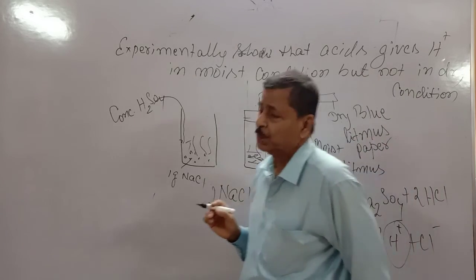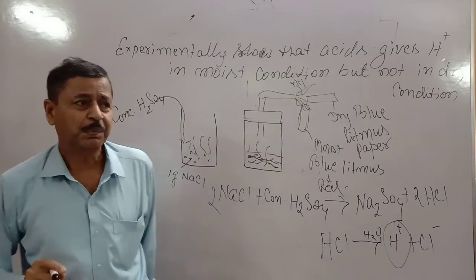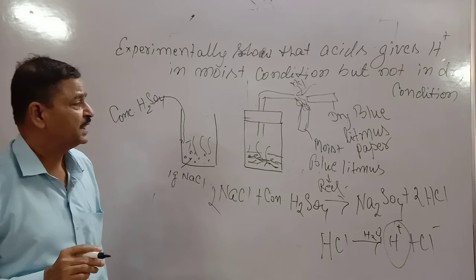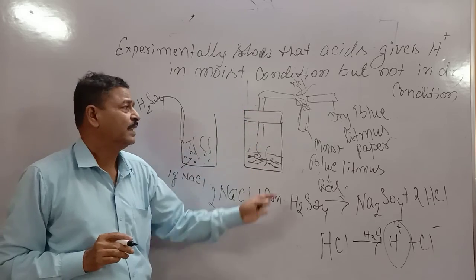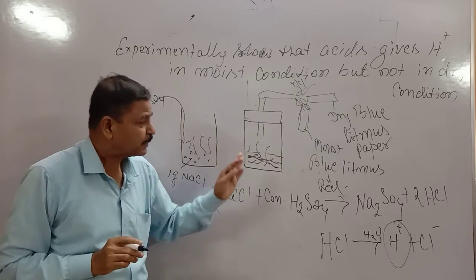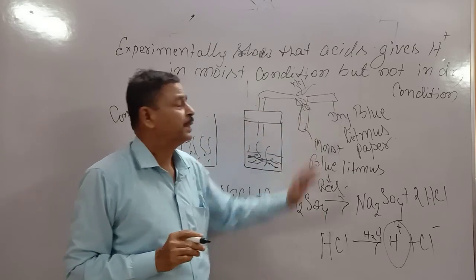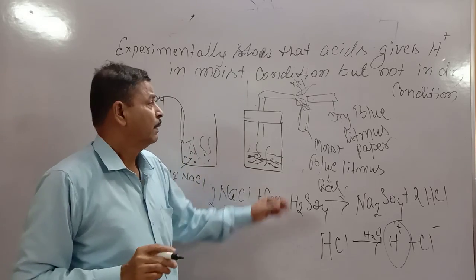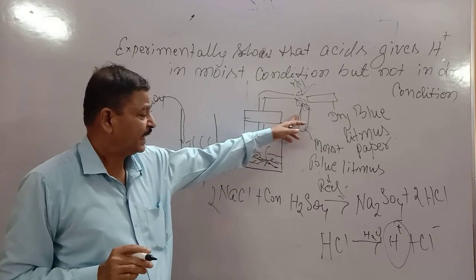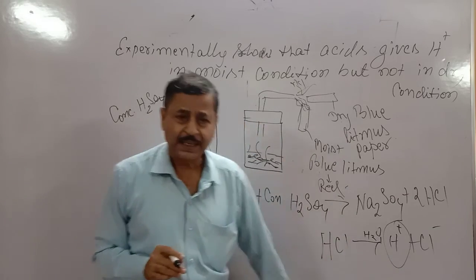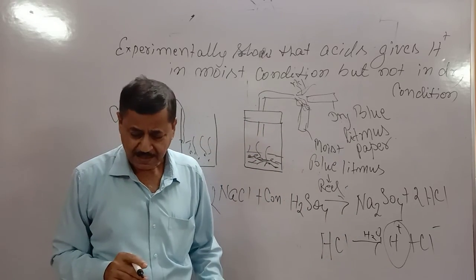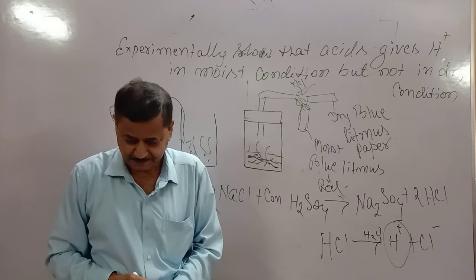It shows that dry HCl does not release hydrogen ions, but if moist litmus paper is put near the HCl gas, it dissociates into hydrogen ions, and the hydrogen ions give the acidic behavior of the acid.